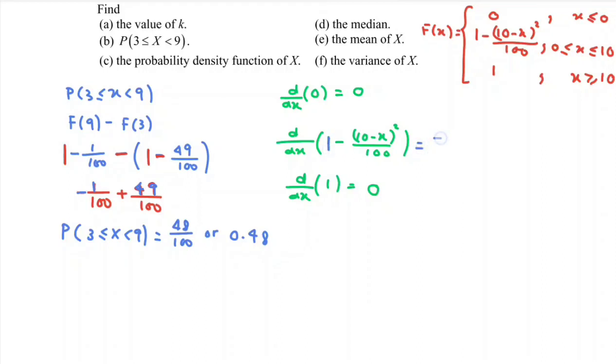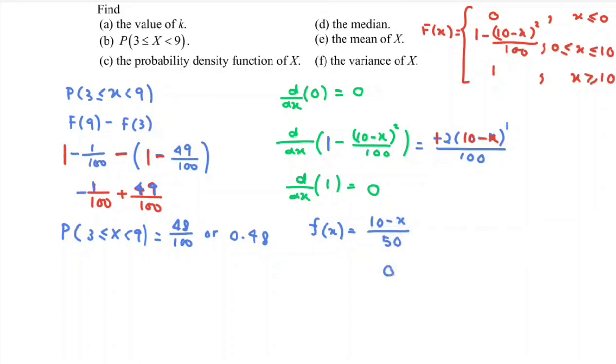Then we have negative 2 times (10 minus x) to the power 1 over 100. Then do remember to differentiate the internal function, so we have negative x, and here we become positive. Rewrite the function: f(x) equals (10 minus x) over 50.